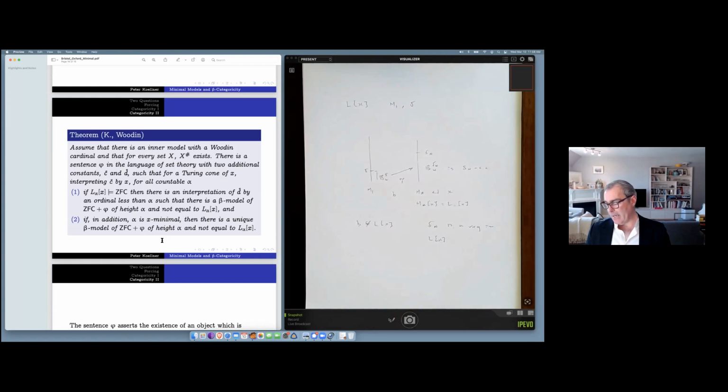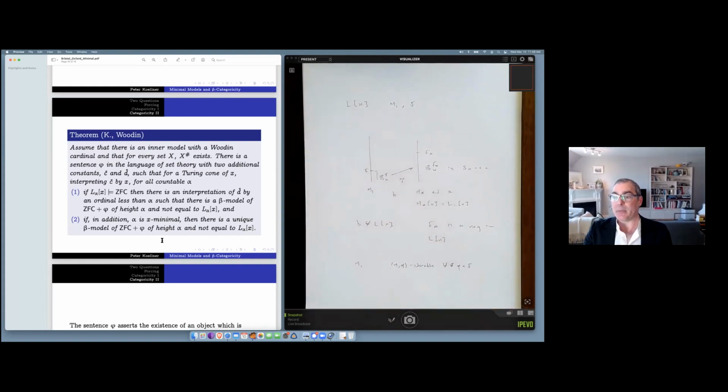Okay, and that shows that these M1-like models, although they are eta iterable for all eta less than delta, I mean, that's one of their defining characteristics, right?